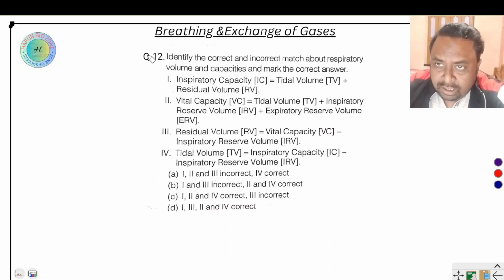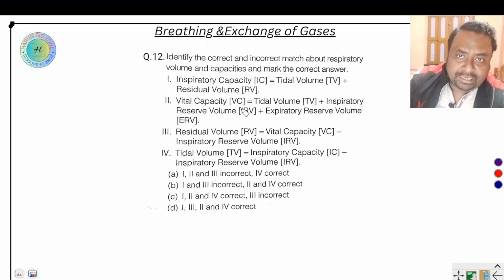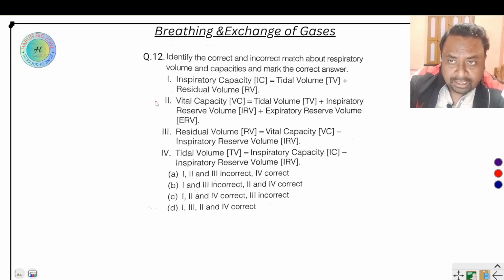Next question: identify the correct and incorrect match about respiratory volumes and capacities and mark the correct answer. Here, B is the vital capacity. Vital capacity means tidal volume, inspiratory reserve volume, expiratory reserve volume. First, the inspiratory capacity means tidal volume plus inspiratory reserve volume, not residual volume. This is not the correct option.